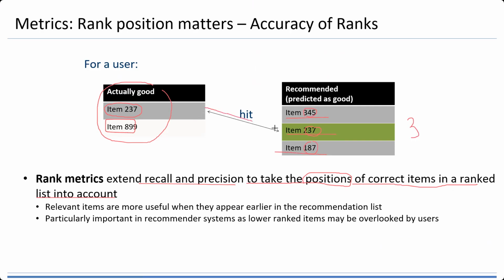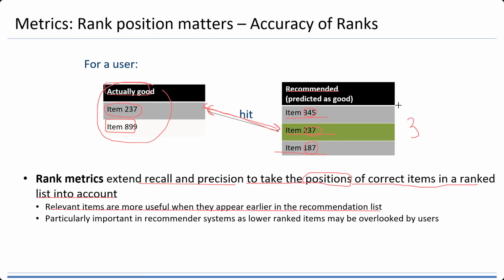So we call this a hit, because when we recommend the products, one of them has been hit by the user, or one item is actually good according to that user. Relevant items are more useful when they appear earlier in the recommendation list.